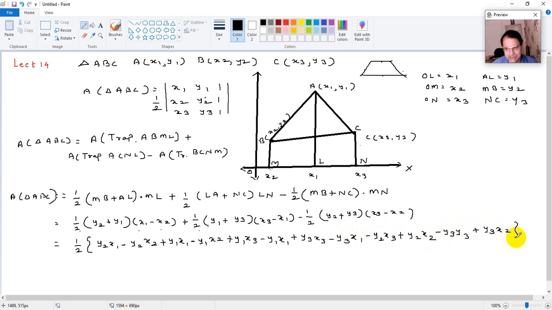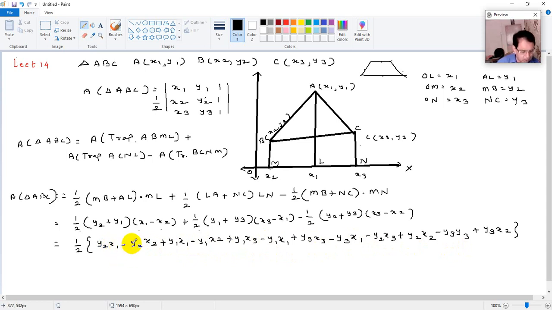Now see whether anything gets cancelled. Do some terms get cancelled? This is y2 x1. Then what? Where is it? y2 x1, wherever it is, you have to cancel it. Is it there? y2 x1 etc. So see now what happens to all these things.